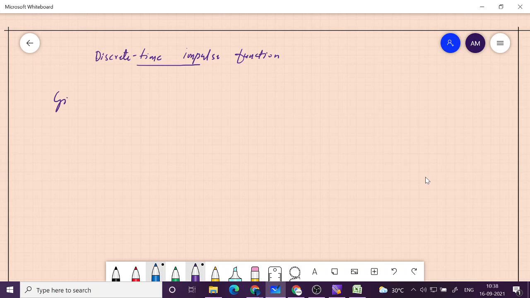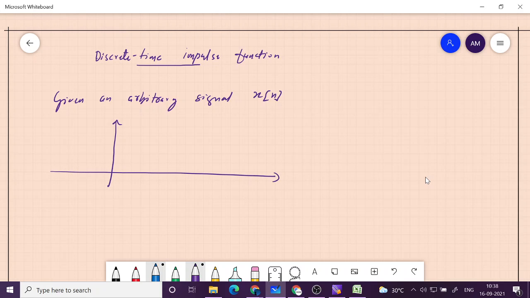Given an arbitrary signal, and we are in discrete time, so I will use this square bracket, x of n. Let me just plot this, x of n. It is an arbitrary signal, you can take any signal.